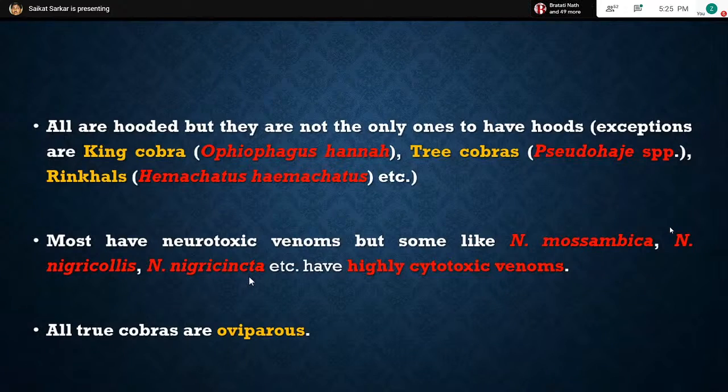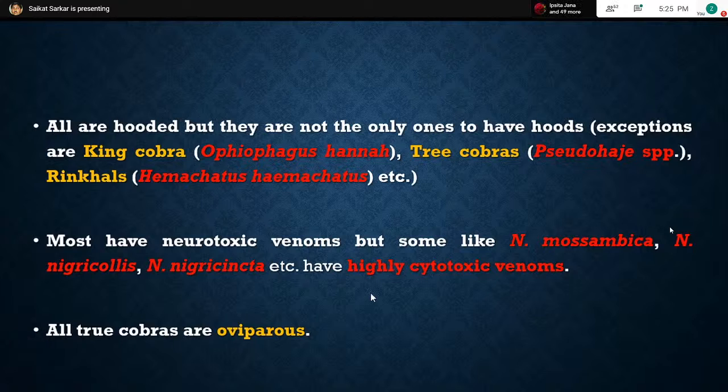These are examples of species having highly cytotoxic venom, maybe more cytotoxic than neurotoxic. They have neurotoxic components in their venom, but the principal nature of their venom is cytotoxic, or tissue dissolving, you may say, cell dissolving, cytolytic, histolytic, like that.